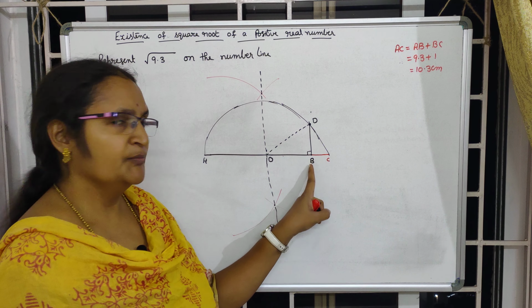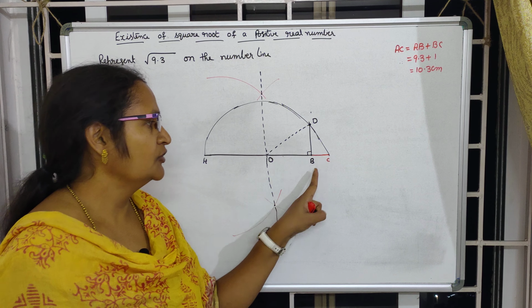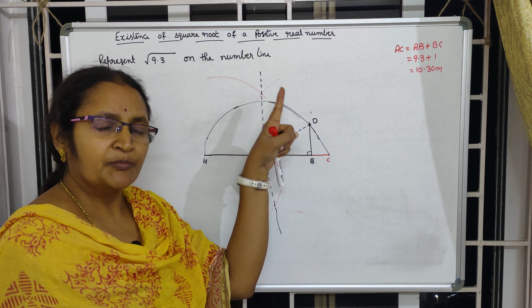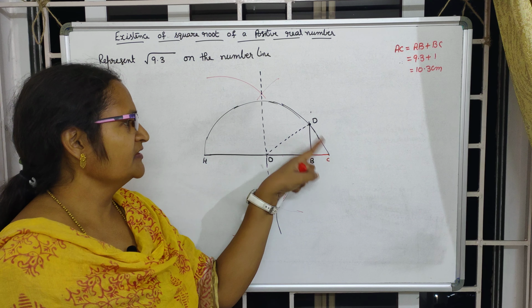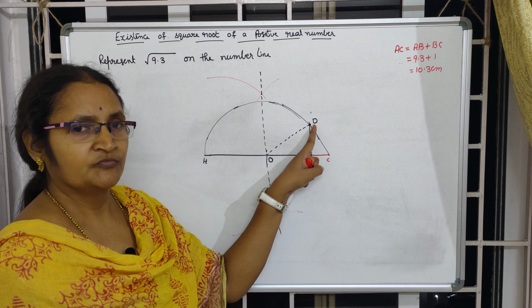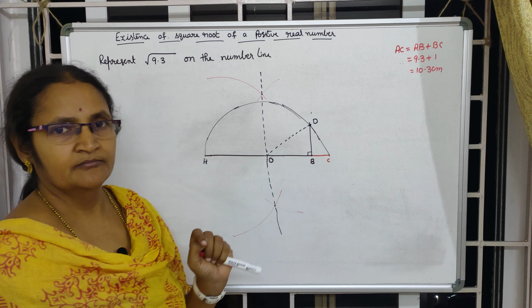What we did: at B, using the protractor, I drew a perpendicular. That perpendicular line touches the semicircle at the point D. Now join O and D.